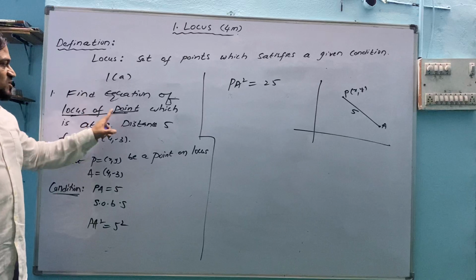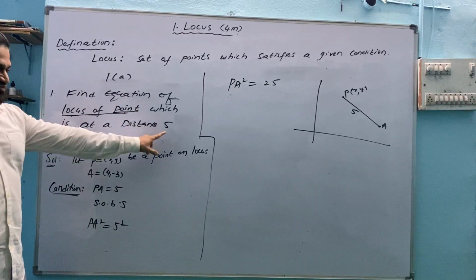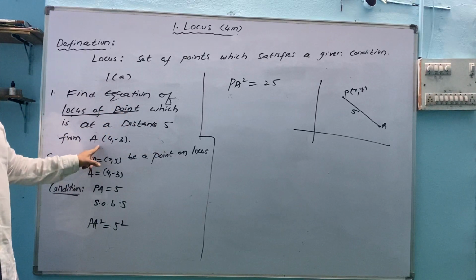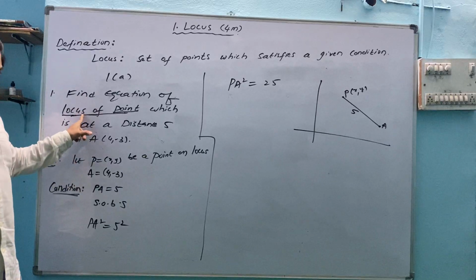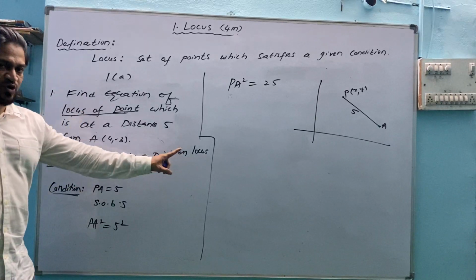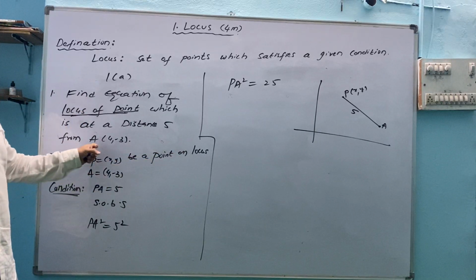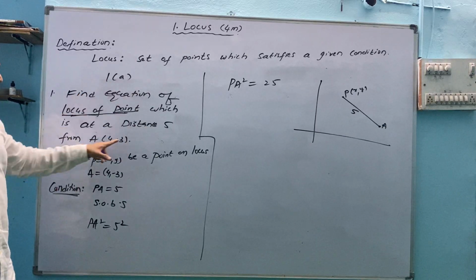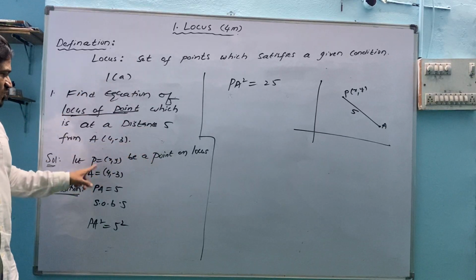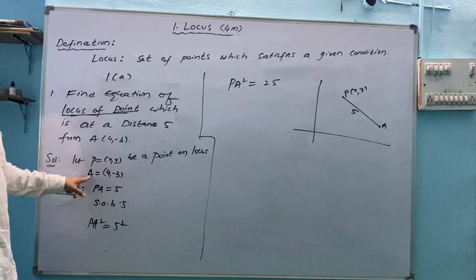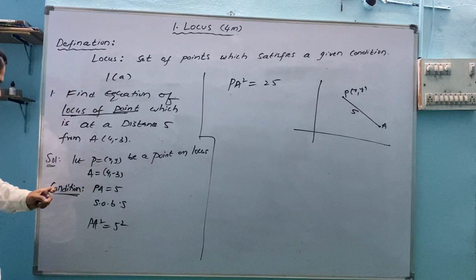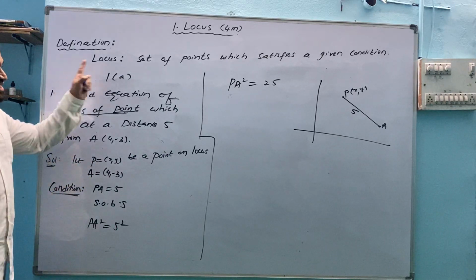Got it? Check it once again. Find the equation of the locus of a point which is at a distance 5 from A. Step 1: always, on seeing locus, you should write: let P = (x, y) be a point on the locus. Then A = whatever points are remaining. Sometimes B is given, or the origin is given. Whatever points are there, write them immediately in the next line, next to P. Then write the condition, meaning what is given in the question.